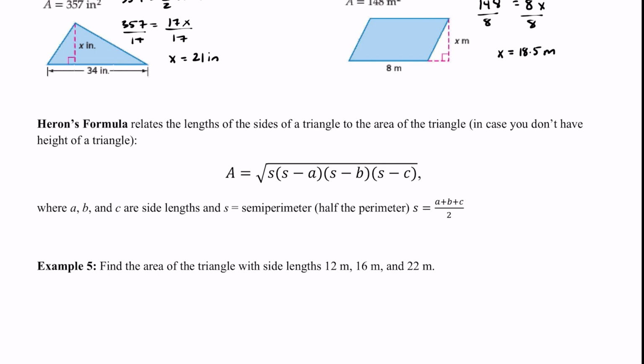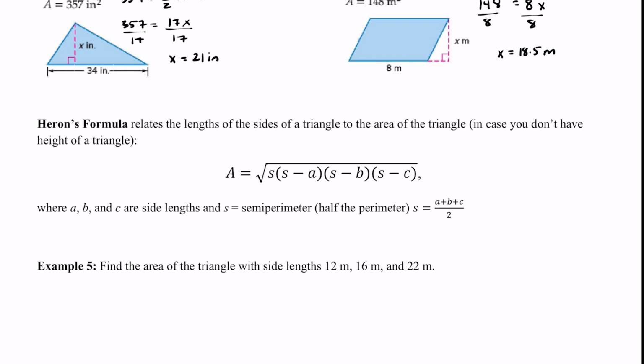So basically Heron's formula relates the lengths of the sides of a triangle to the area of the triangle in case you don't have the height, where A, B, and C are the side lengths, and S is equal to what we call the semi-perimeter, which just means half the perimeter.